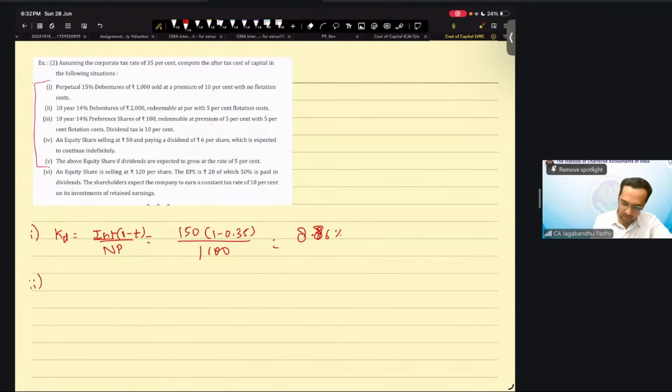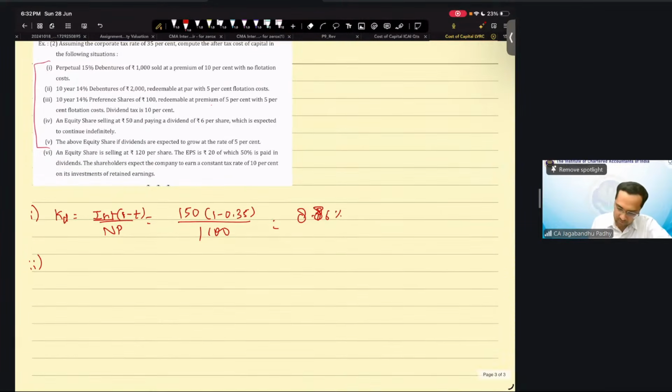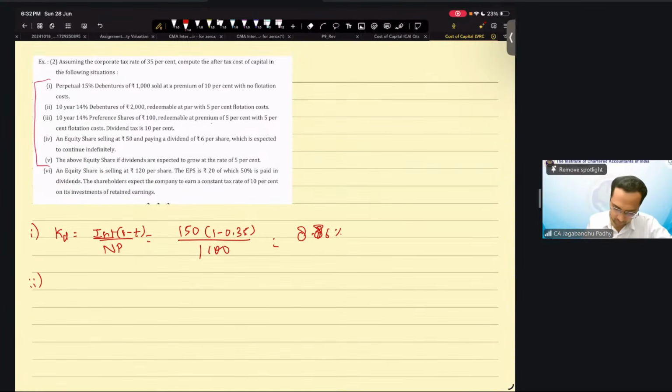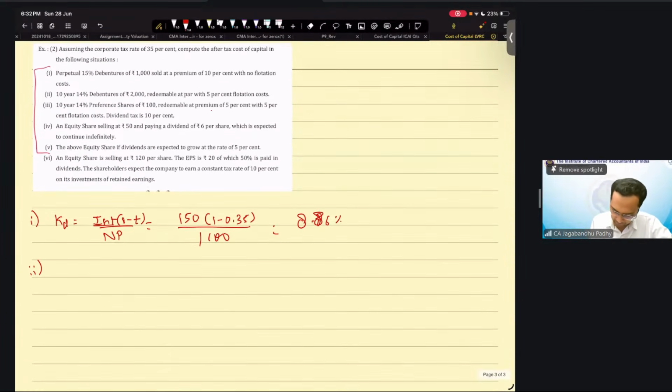Okay. The second one, with 5% flotation cost. Calculation-wise, it's going to be 14% into 2000 face value, which will be 280 rupees.